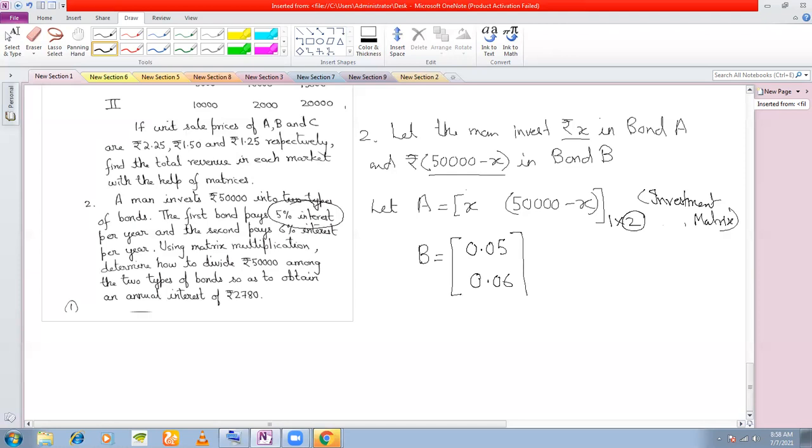Okay, because we want to multiply these two, right? Therefore, what is AB here given? Sorry, this is called the rate matrix, not the interest matrix.